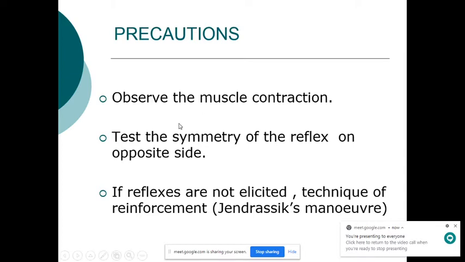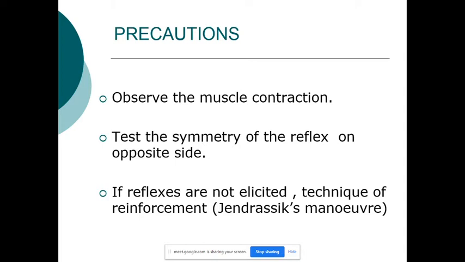Once you hit the tendon of a particular muscle, the muscle is going to respond to your stimulus by a small contraction. So you have to look for that contraction. Then you have to test the symmetry of the reflex on the opposite side.